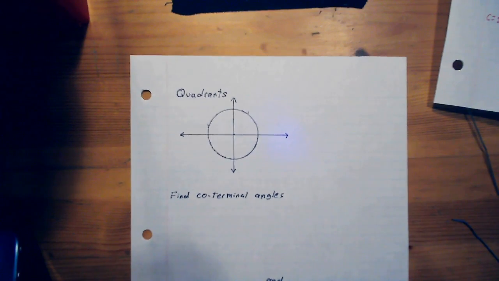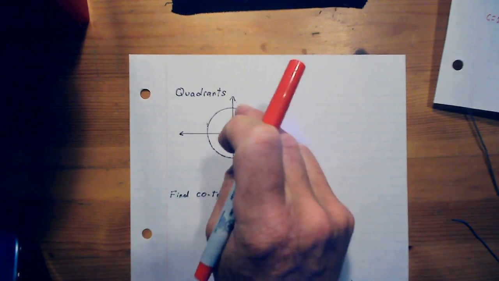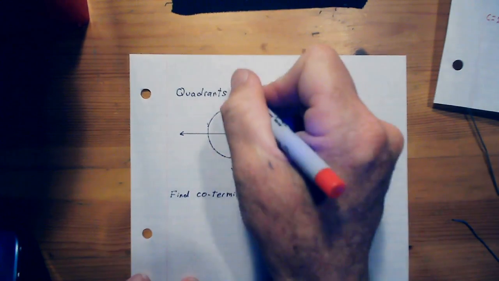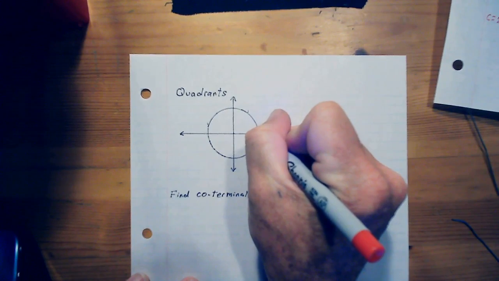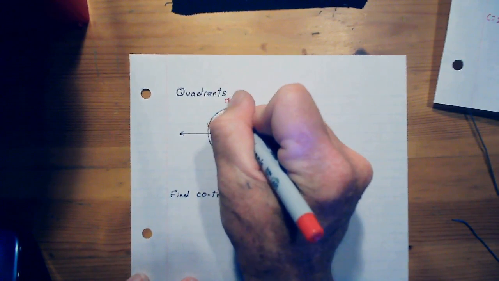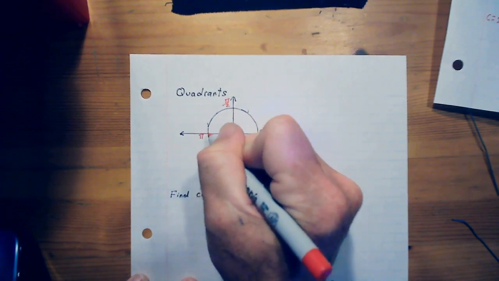Let's make sure we have our quadrants down. Now then, here is the circle broken down in 1, 2, 3, 4 quadrants. Going around our axis, we're starting here at 0. Up here we said is pi over 2 radians. All the way around is pi radians.